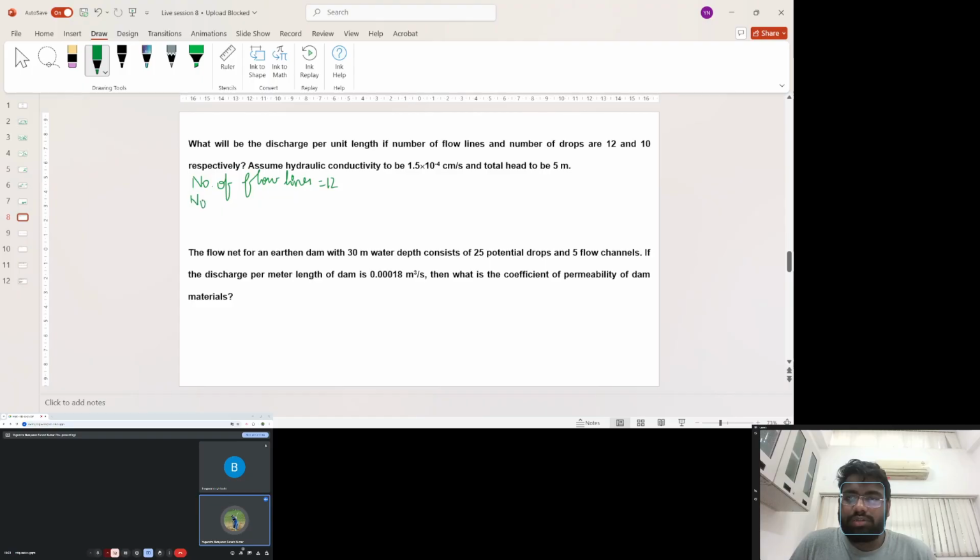Number of drops is 10. K is 1.5 into 10 power minus 4 centimeter per second, and delta H is 5 meters. Alright. You can convert this to meter per second also. Then in this case it will come as 1.5 into 10 power minus 6 meters per second.